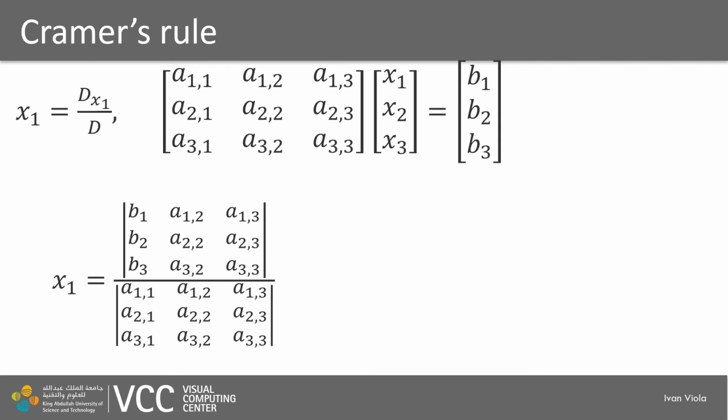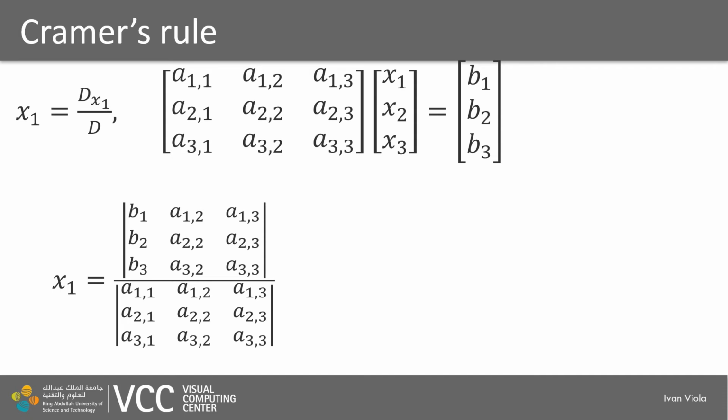So here you can see a linear equation system where the rows of a matrix are forming the coefficients associated with x1, x2, and x3 in each individual equation, and the b1, b2, b3 are the solutions of this equation.